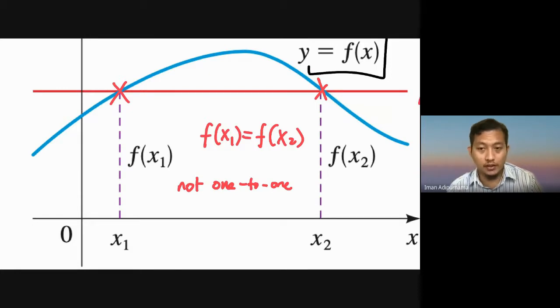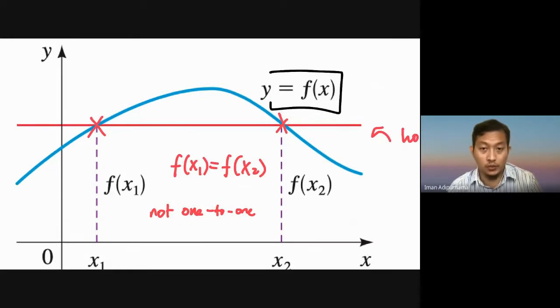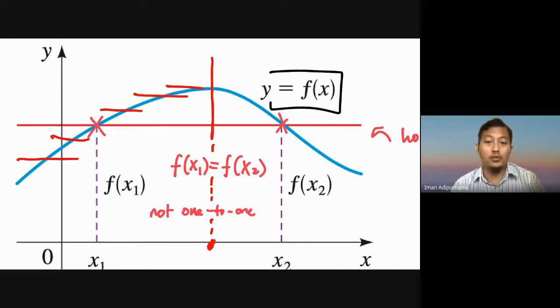But there's a way to make this random function one-to-one. We can cut the function and restrict the domain, like I said in the calculus. Maybe we can cut here, until some x, and looking at the horizontal line, it's pretty much only one crossing, right?